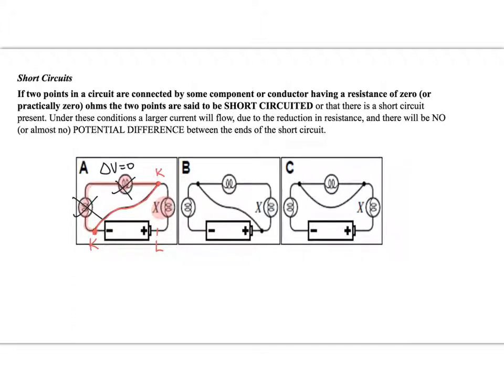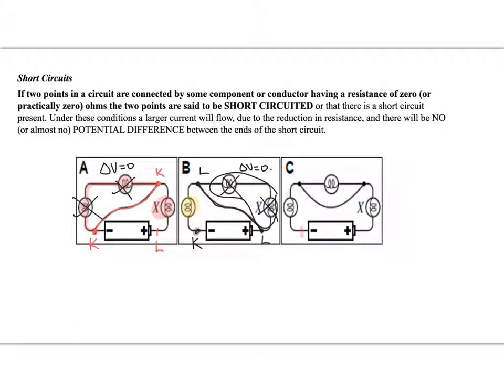In the second figure, let's again put this point as K and this point as L. There's a short circuit here, so this has a potential of L. So these two lamps are between the same points with no potential difference, so they will not work, only this lamp will shine.